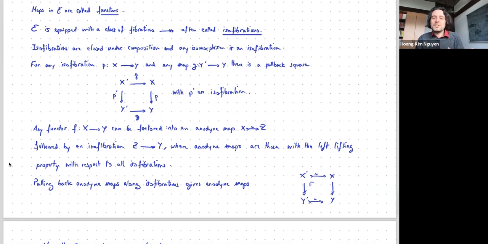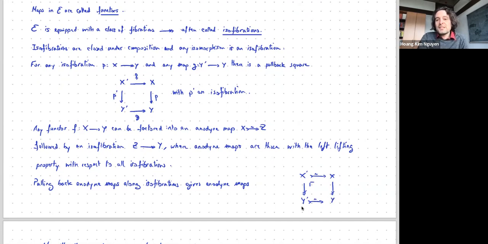Then you have anodyne maps, which are the maps which have the left lifting property with respect to isofibrations. And the axiom is that any map, any functor, can be factored into an anodyne map and then an isofibration.